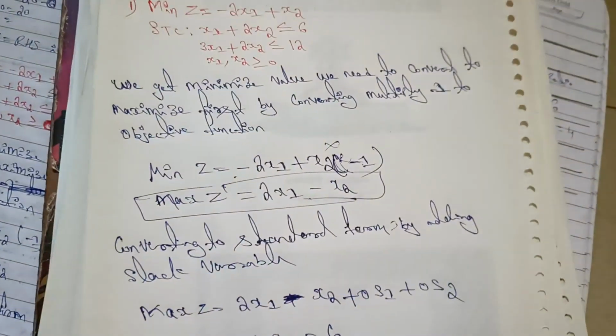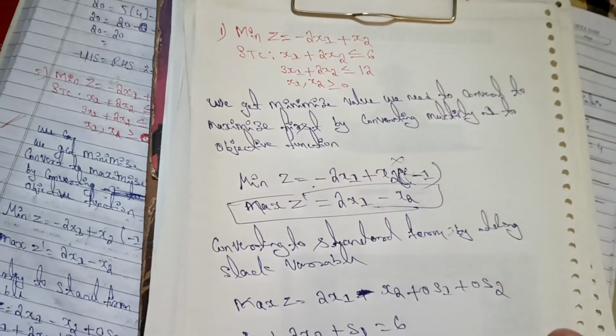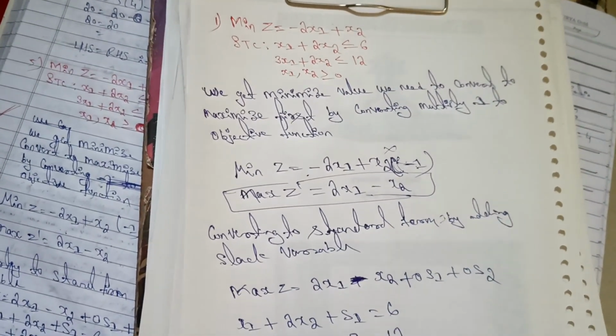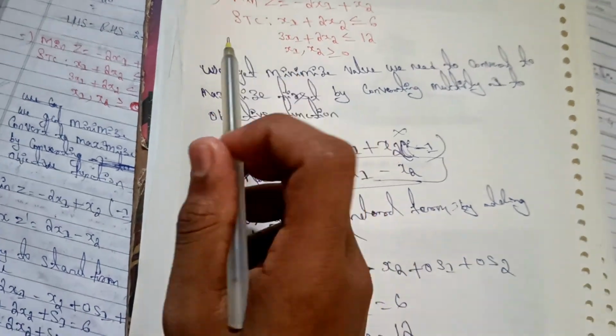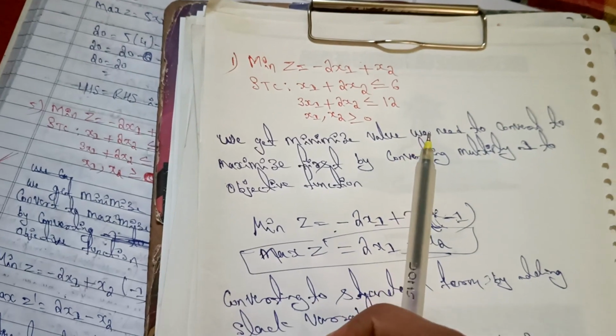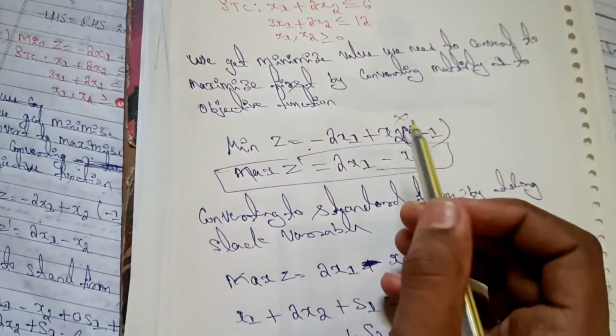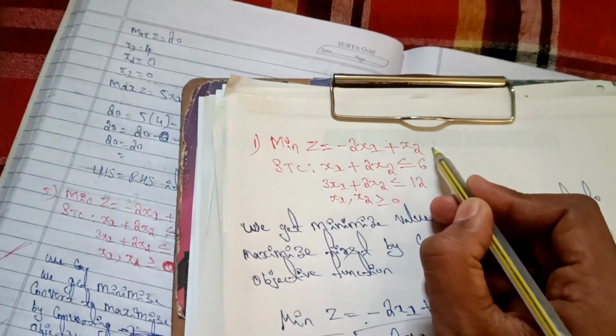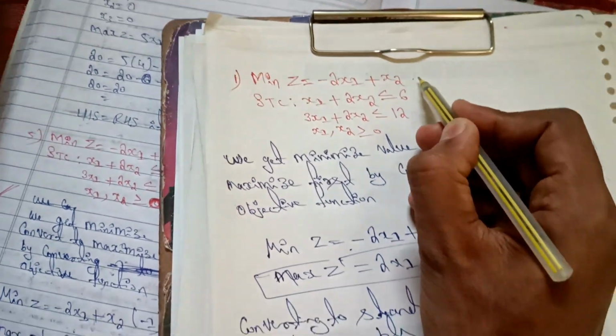Here one step is extra. Otherwise it is the same as what we did for the maximum value. The main difference is, in case they ask for the minimum value, first we need to convert it to maximize by multiplying the objective function by minus 1.